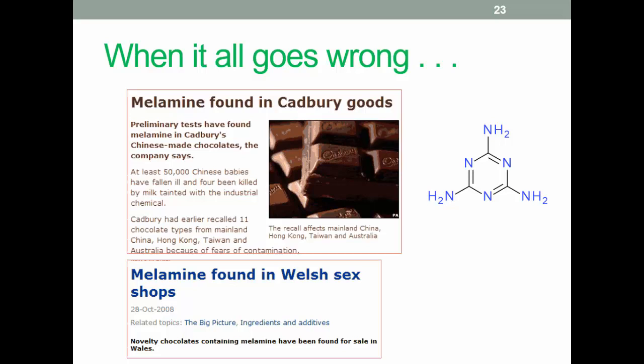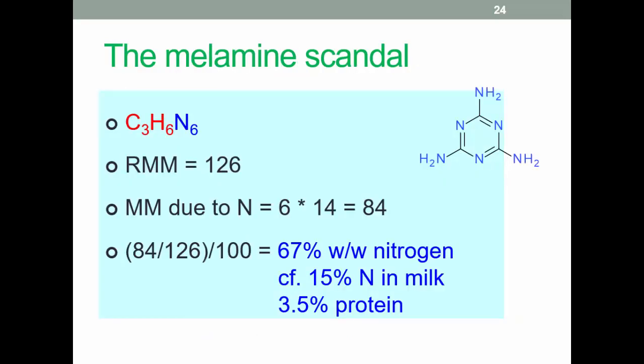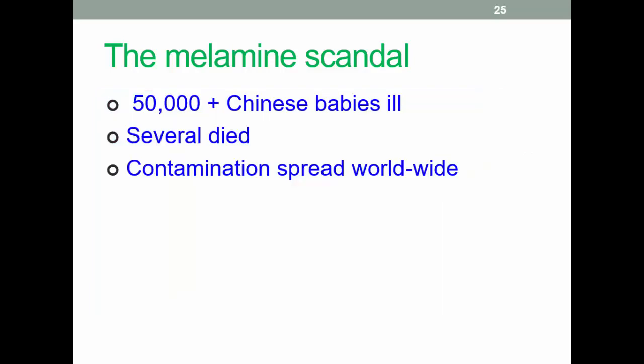See the news reports for more information if you're interested. This is just a calculation of nitrogen content for melamine, so it's quite high, and it was added to artificially increase the nitrogen content and therefore the alleged protein quality of milk in a number of dairies in China. This was a serious issue, as we can see by the numbers here.